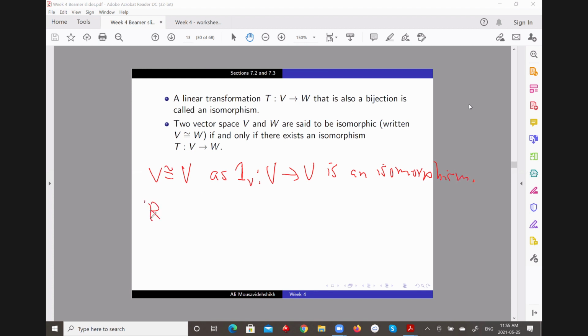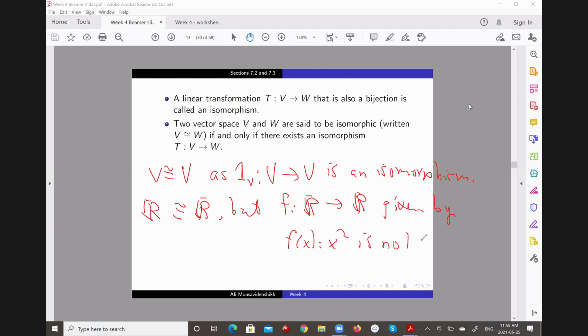So R is isomorphic to R, but the map f going from R to R given by f of x equals x squared is not an isomorphism. Why? It's not injective, and it's certainly not surjective. f of -1 equals f of 1, and you don't even hit the negative numbers.